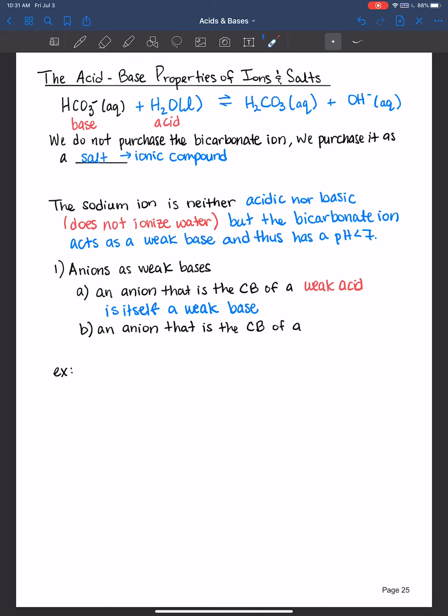Now, if you have an anion that is the conjugate base of a strong acid, it is pH neutral.